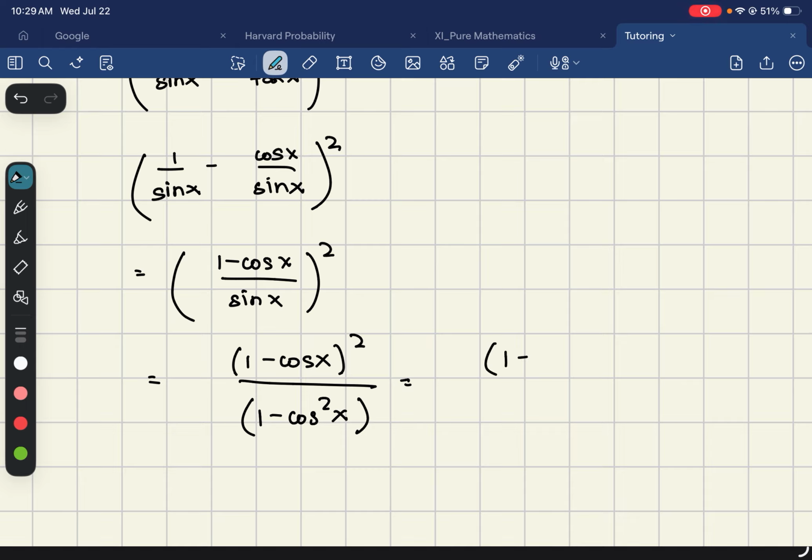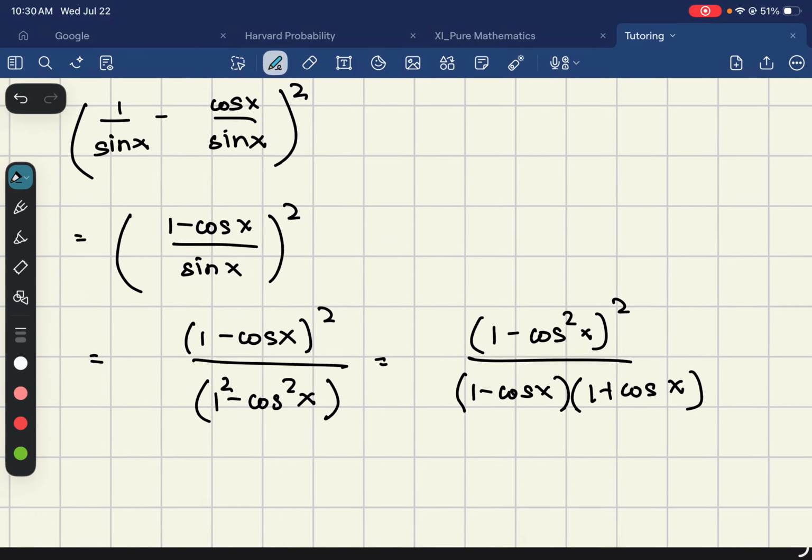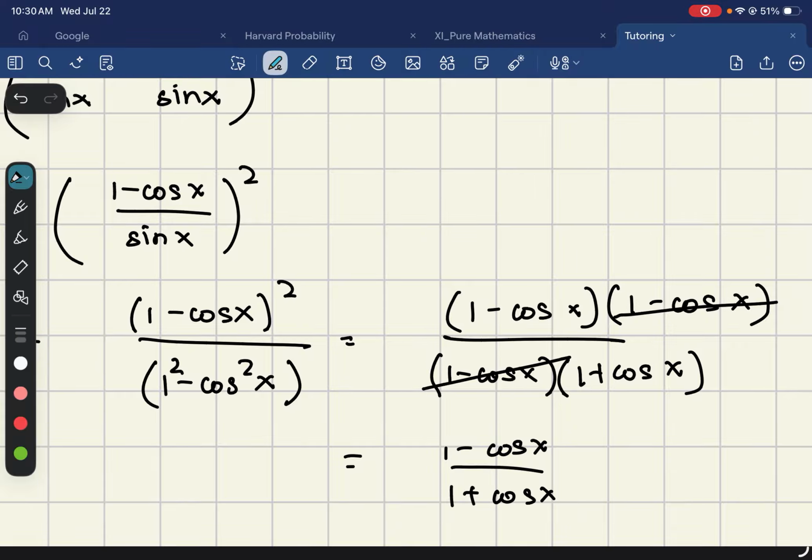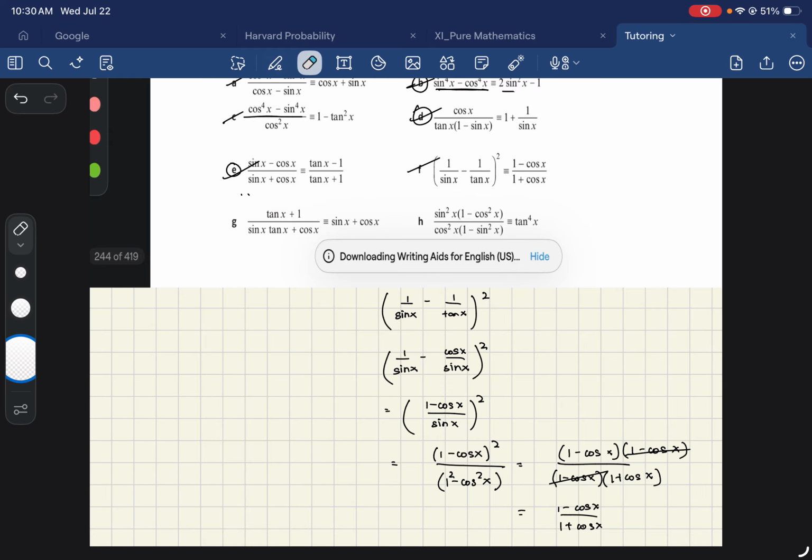And now I can simplify this, because this is 1 squared minus cos squared x. So I can write it as 1 minus cos x times 1 plus cos x. And the numerator is just 1 minus cos x squared, so one of these is going to cancel out, right? Because the whole squared here is just 1 minus cos x times 1 minus cos x. So one of them cancels out, and we have 1 minus cos x over 1 plus cos x. That is exactly what we have on the right-hand side.